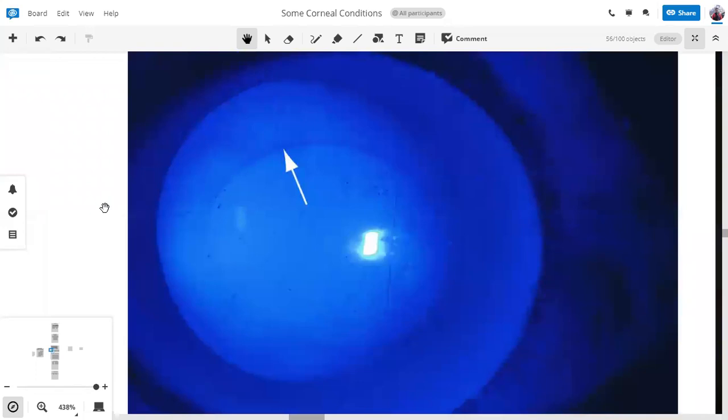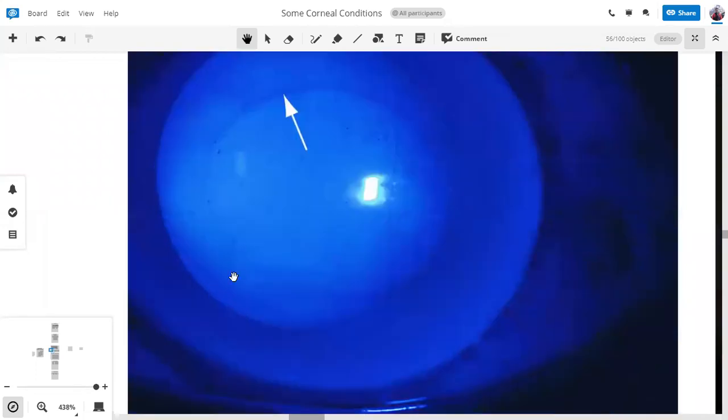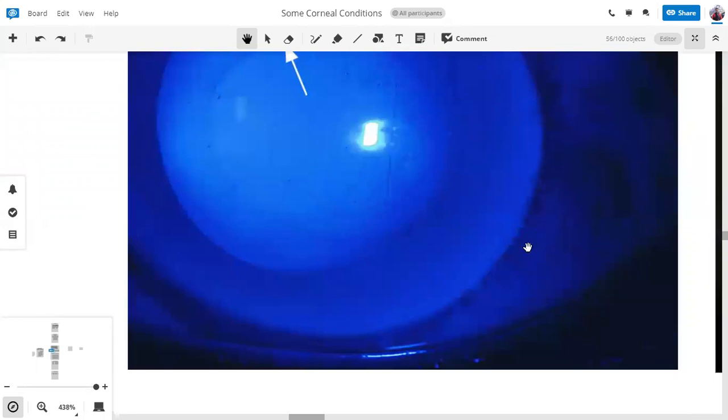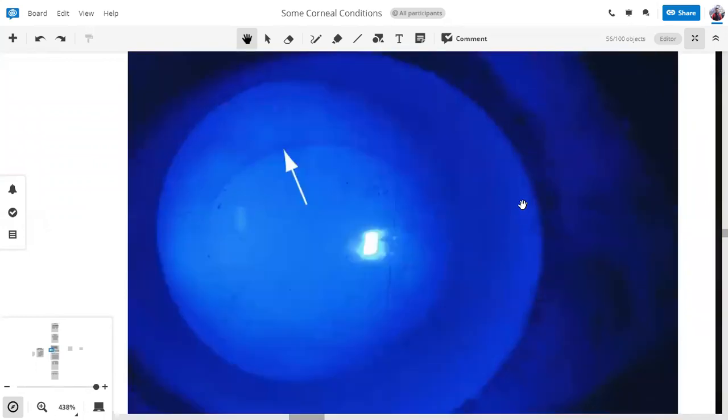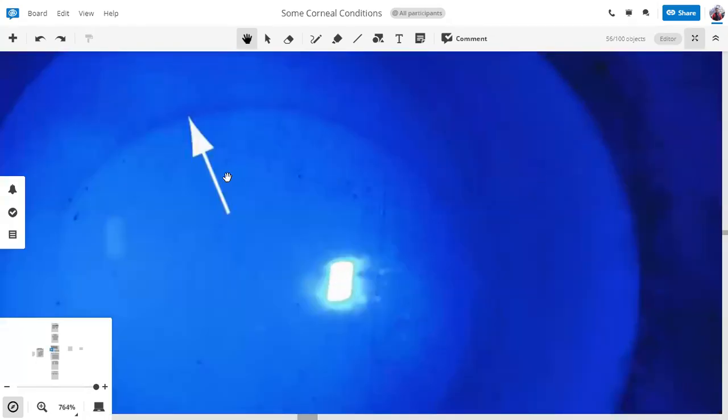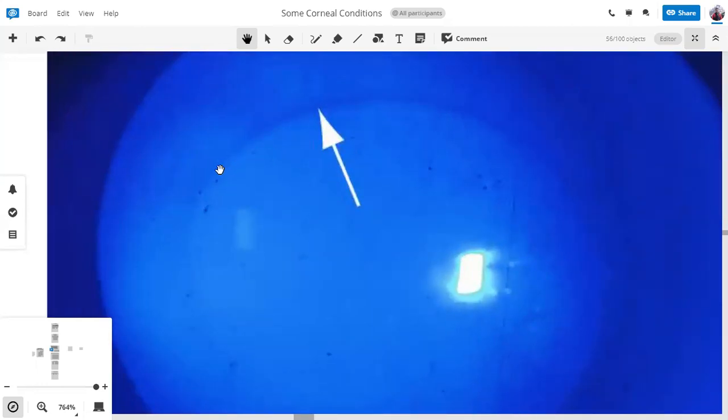This is cobalt blue light and everything appears bluish. This is the limbus, and this is the pupillary margin. And that black line which we saw earlier, this is that line.